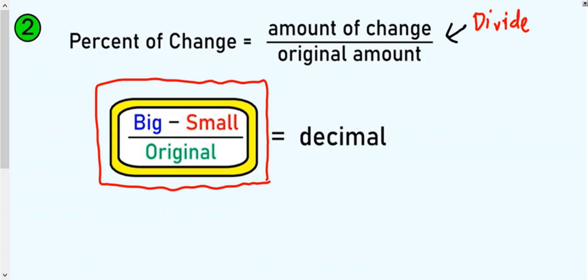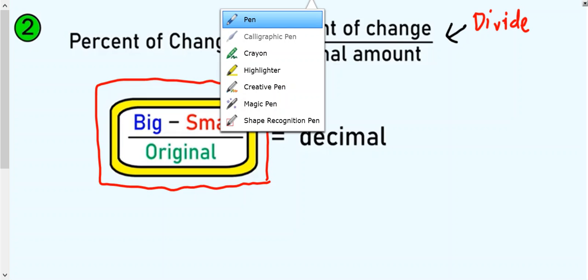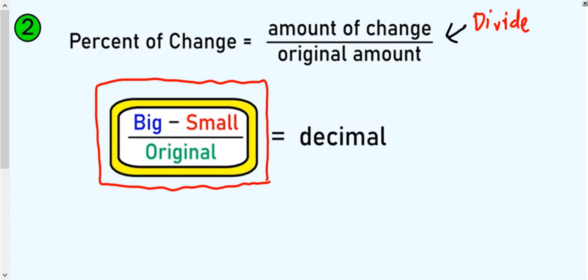And then it's going to give us a decimal number, and our job is going to be to turn that into a percent. Okay, remember we can either turn it into a percent by multiplying by 100 or moving the decimal 2 places to the right. Okay, make sure you have this information down in your notes.